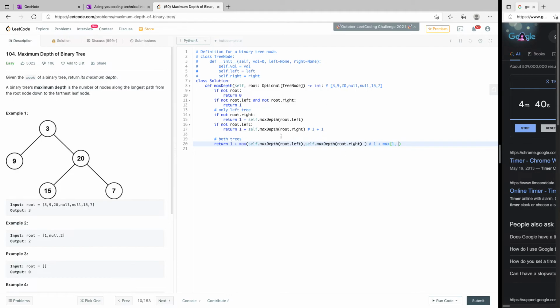Then it backtracks to the right, so the new root becomes 20.